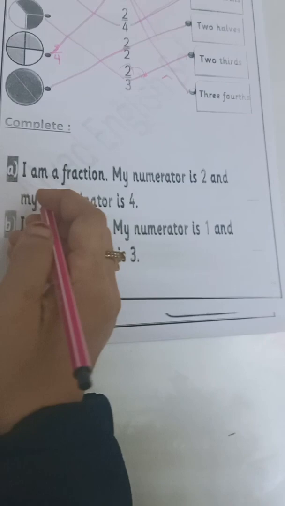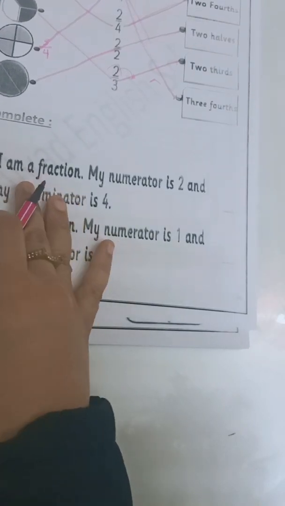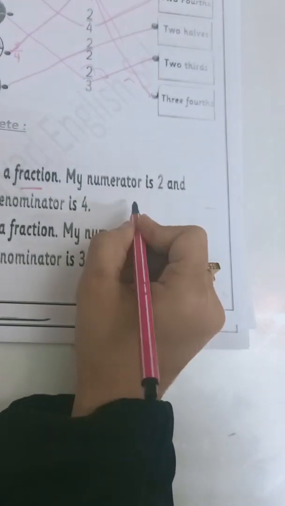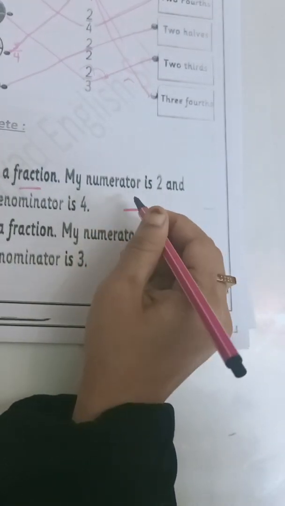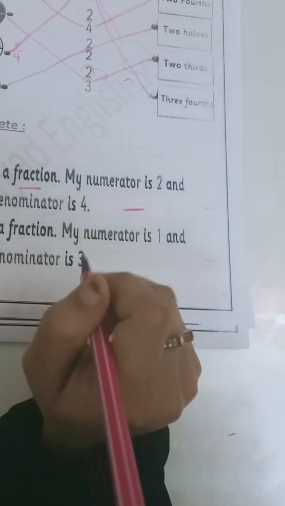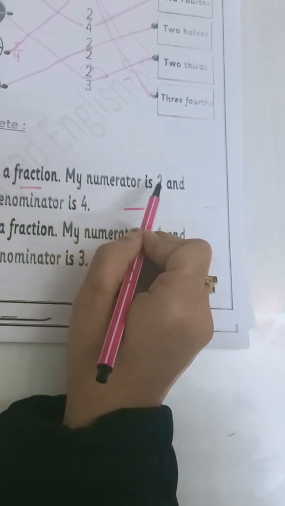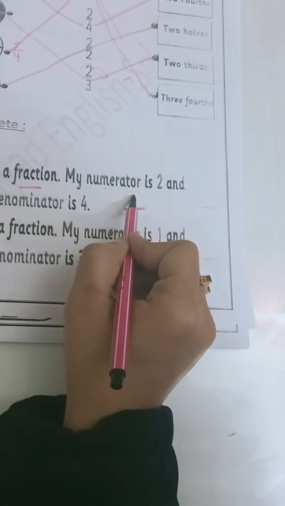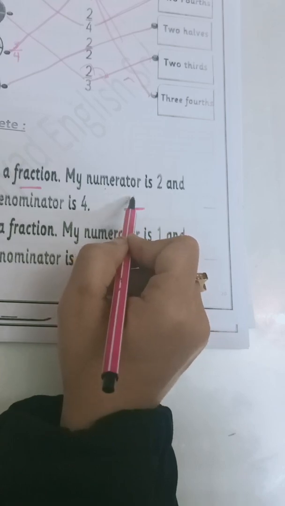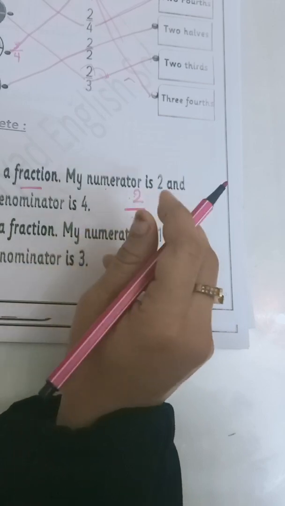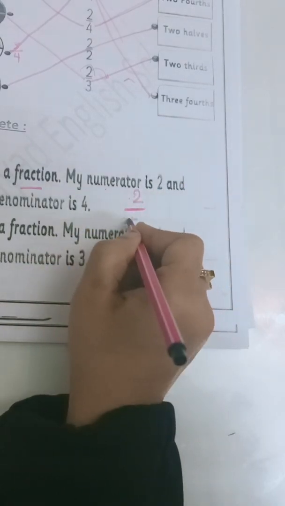The next one. Tell me, I am the fraction. The fraction, so write the fraction bar. Okay. And my numerator is 2. So write 2 in up or down? Numerator is up. So write 2 in up. And how many denominator? 4.